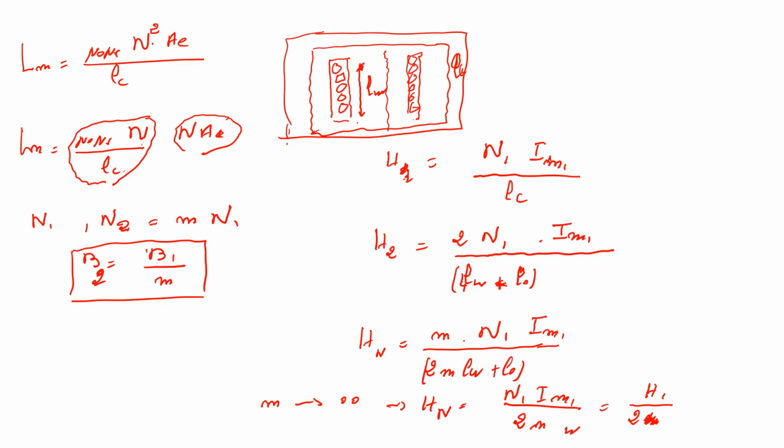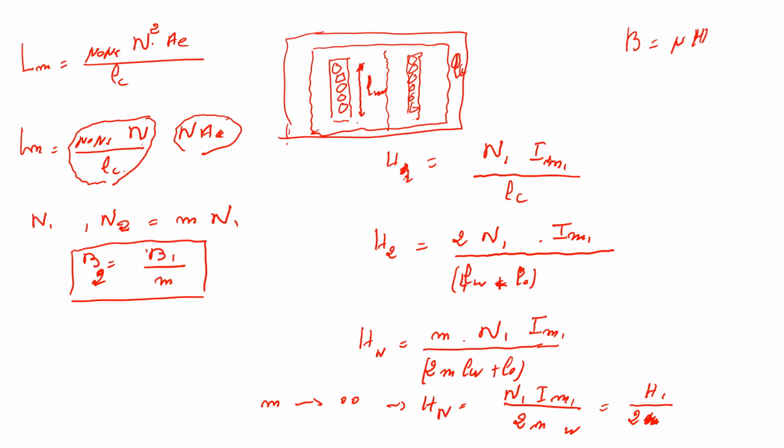The magnetizing current is not only related to the voltage through Faraday's law, but also to the magnetic field through Ampere's law, and this relationship between the magnetic field and the magnetic flux density, B equal to mu H, should always be conserved and correct, otherwise the transformer will not work.